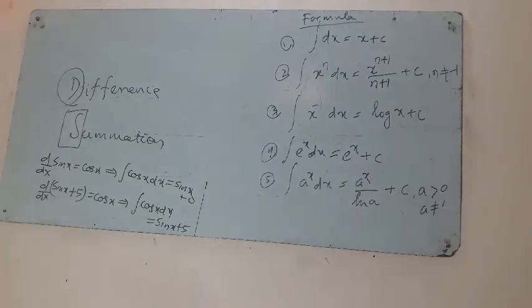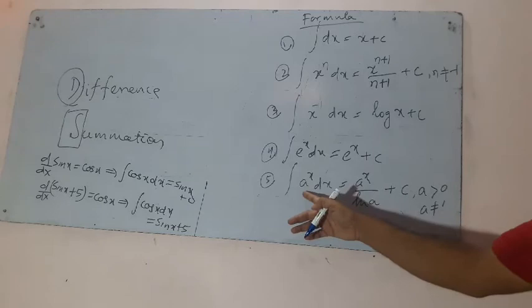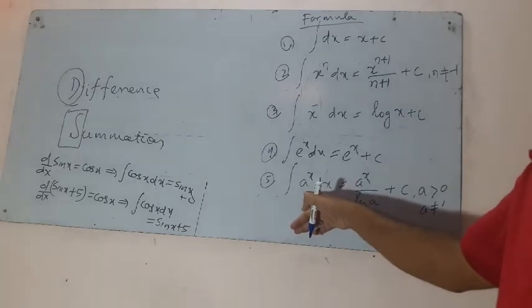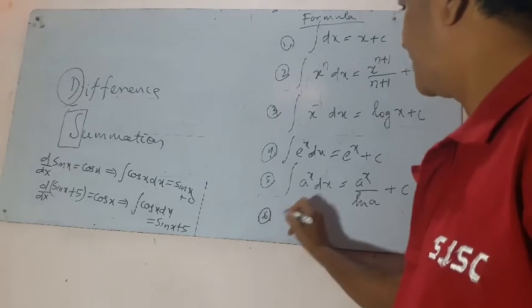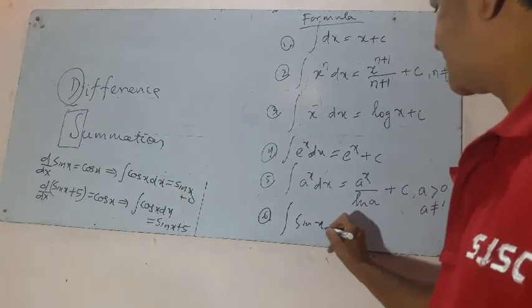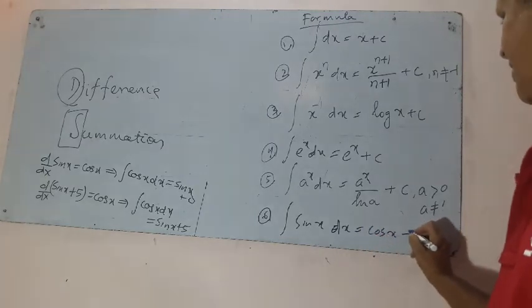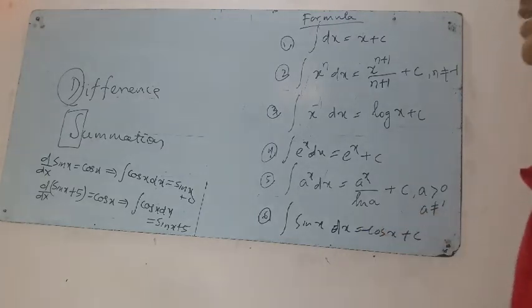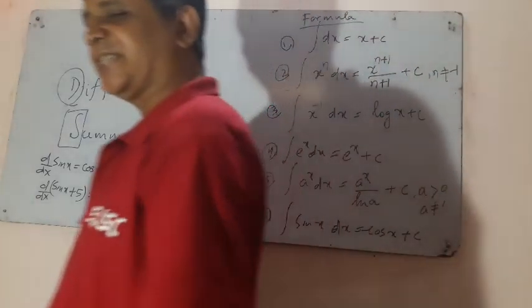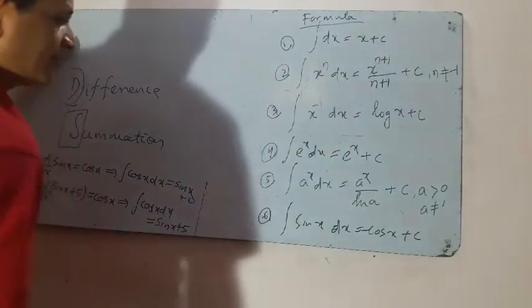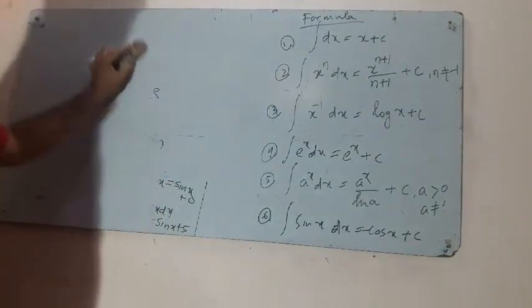In an exponential function, the base cannot be a negative number; the base is always positive, and it is not 1 also. Sixth: integration of sin x into dx is equal to minus cos x plus c. Why is it minus? Because the derivative of minus cos x is sin x.